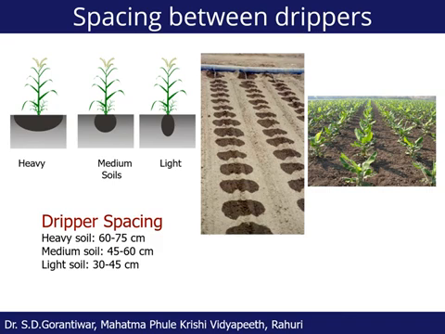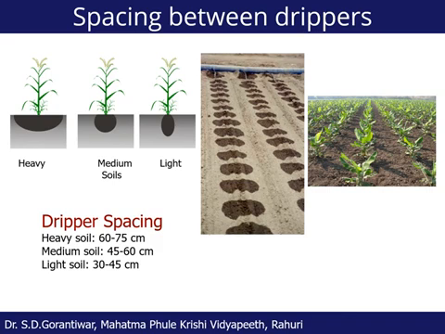Of course, for each kind of soil we have to decide, but based on experimentation conducted in different parts of the world, we have prepared a thumb rule for the drip spacing. For heavy soil, the dripper spacing can be 60 to 75 centimeter.